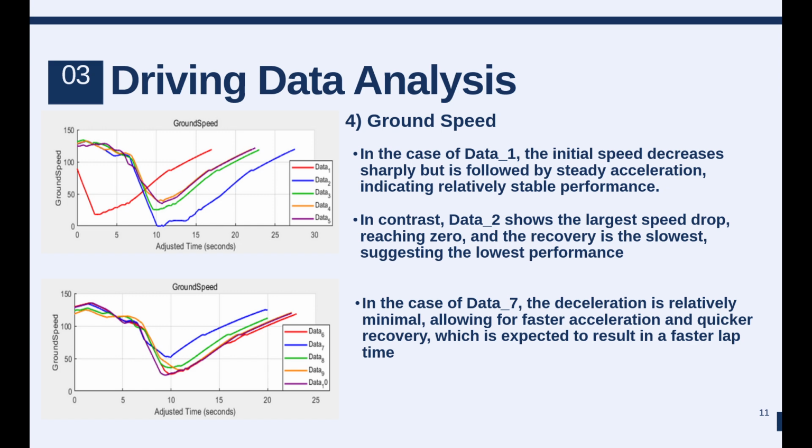In contrast, data 2 experienced a significant speed drop, nearly reaching zero before beginning to recover. This excessive deceleration caused a delay in the acceleration phase, which ultimately resulted in the slowest lap time for that section.